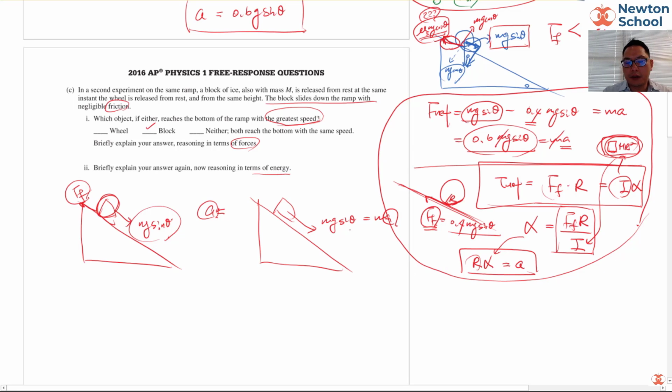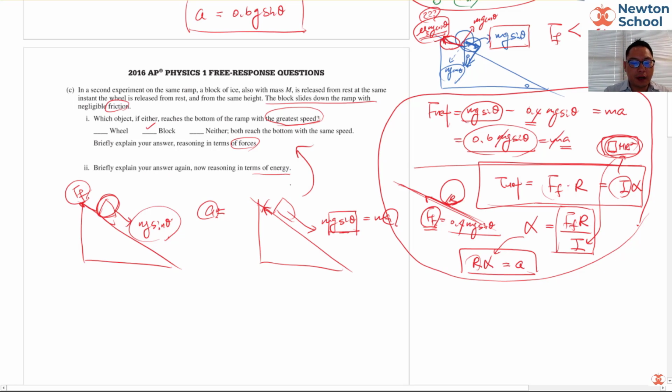So right now, the acceleration of the ice block is actually g sine theta. Before, it was mg sine theta minus force of friction divided by mass. Right now, your acceleration is bigger because there's no force backward. So you can explain it something like that.